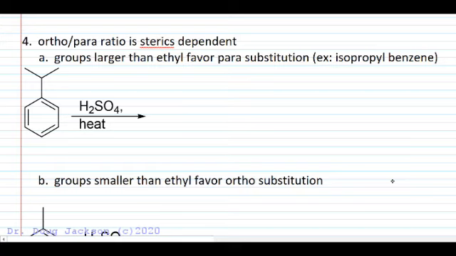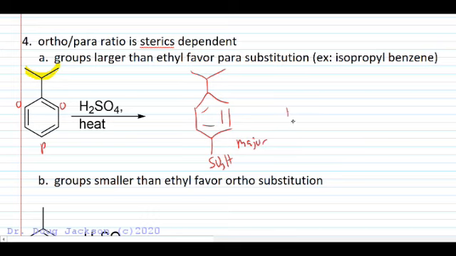Now, looking at the ortho-para ratio, we've been talking about it, but sterics: groups larger than an ethyl, like this isopropyl, tend to direct to the para position as the major product. So if we're invoking our sulfonation here, we've got a weak activator. It's an ortho-para director. So these positions are activated, but because it's a bulky group, it tends to direct para over ortho.